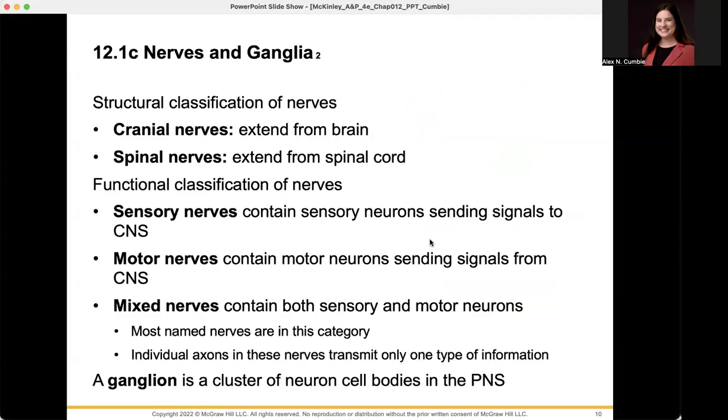When we put nerves together, we've got the whole neuron and we've got a bunch of them. And if all the cell bodies of those neurons come together, they form a ganglion. Okay, but we need to see what we do with the rest of that nerve.